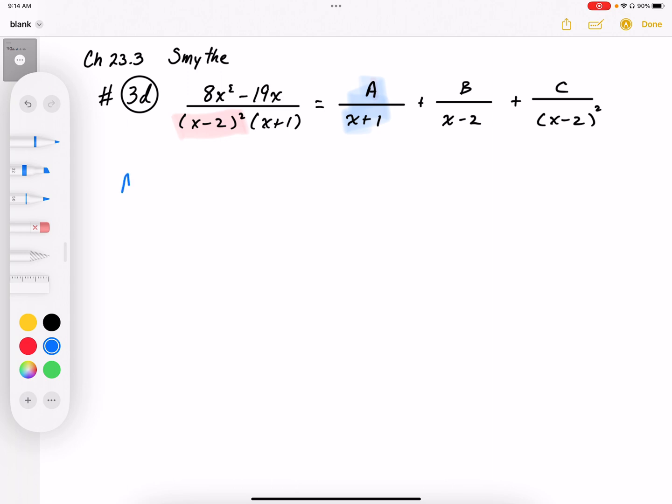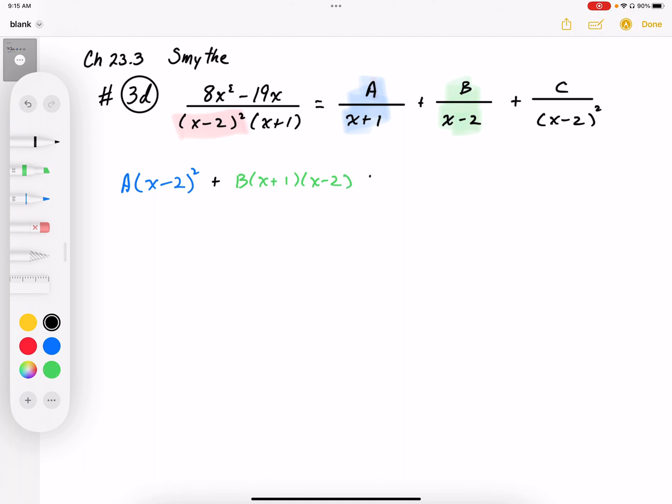So my equation ends up being: a times x minus 2 squared, plus the b term, which I'll do in maybe green here. The b term is missing a factor of x plus 1 and x minus 2, so it's going to be b times x plus 1 and x minus 2.